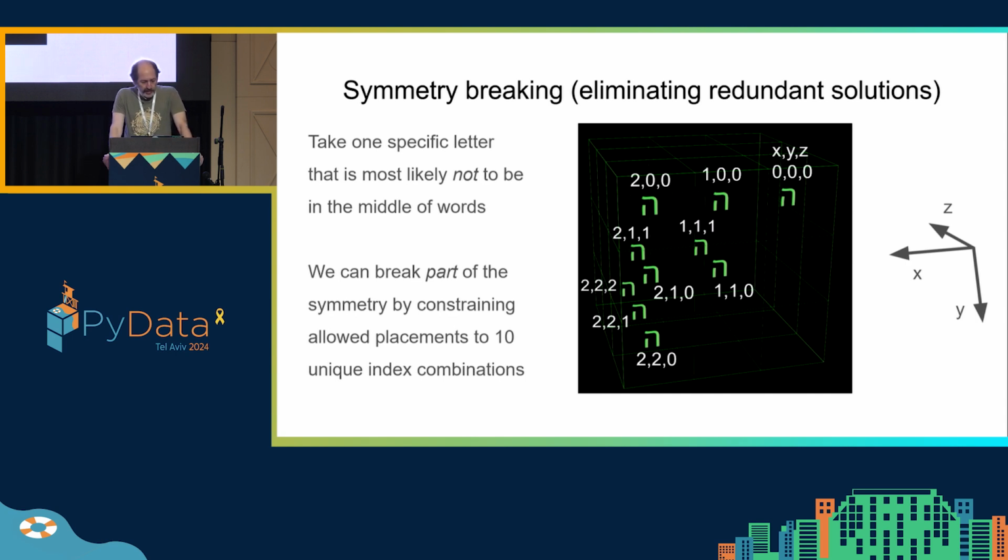And then we can break part of the symmetry by constraining the location of this specific letter to 10 of the 27 places. Specifically, only the 10 places that form unique combination of indices. But let's try a simpler method for this talk.